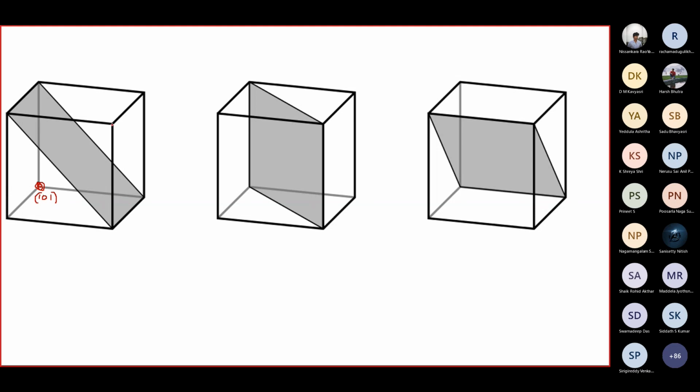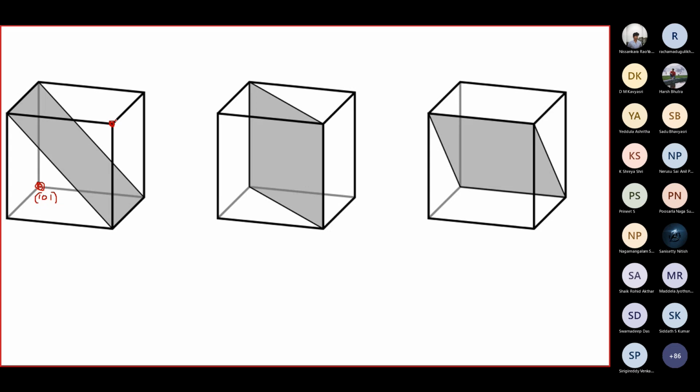Okay. If I define this as the origin, what's your take now? Why again 0? This y is again infinity.